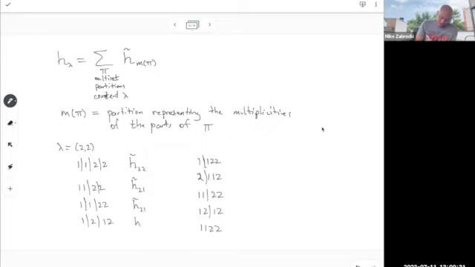This one has weight 1, 1, 1, because the 3 parts, 1 occurs once, 2 occurs once, 1, 2 occurs once. These 3 each have different parts. This one has a part which occurs twice. This one has only 1 part, so it's H1.